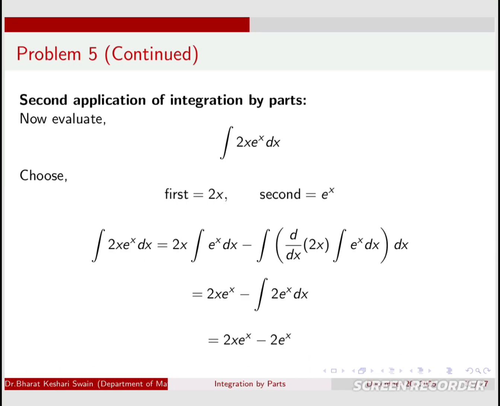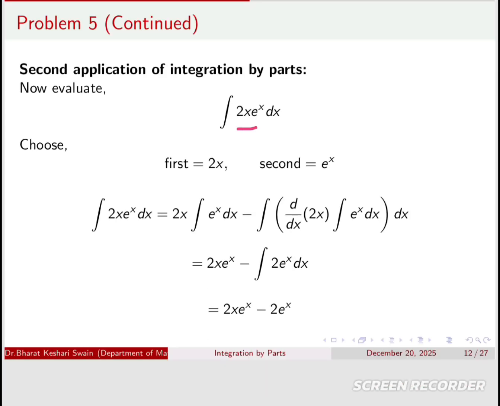To integrate this we have to use the rule again, because again we got this type of integral. 2x is there, and e to the power x is also there, and 2x is the algebraic function, this is the exponential function. So according to Eilert, first comes the algebraic function.